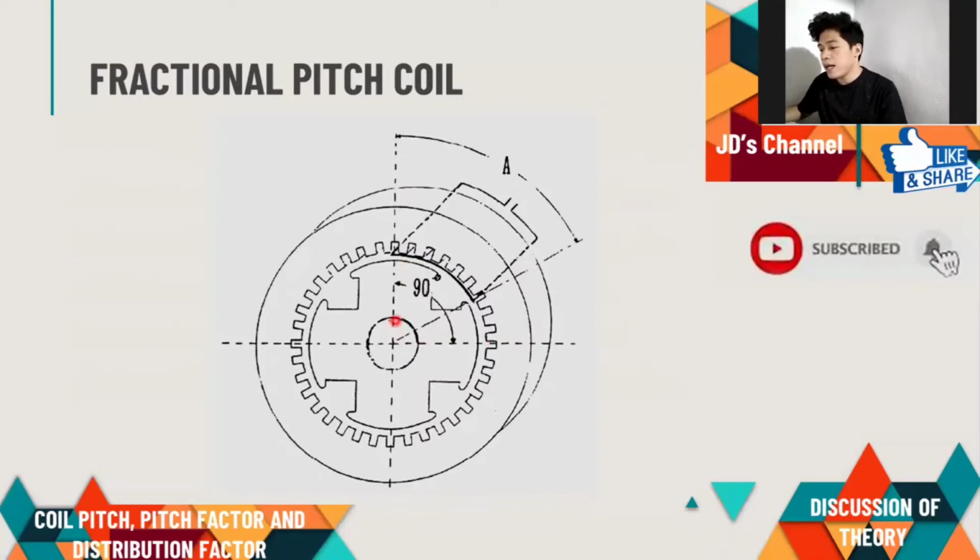Therefore, the coil pitch is 60/90 or 120/180, or we have the 2/3 pitch. So that is our short pitch coil or fractional pitch coil. When we say fractional or short pitch coil, it is less than 180 electrical degrees.